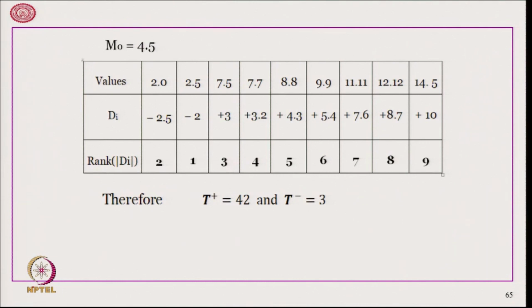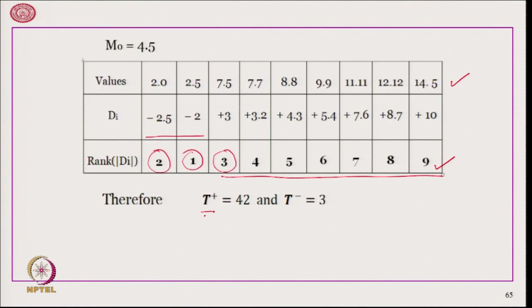We have the values given like this, then we are subtracting 4.5 from all of them. Therefore, we got these two negative, all these positive, but not only that, we have to look at their ranking in absolute value terms. So, 2 is the smallest, therefore it gets the rank 1, 2.5 is the second smallest, it gets the rank 2, 3 is third smallest, it gets the rank 3, and like that till this point we have got 9.